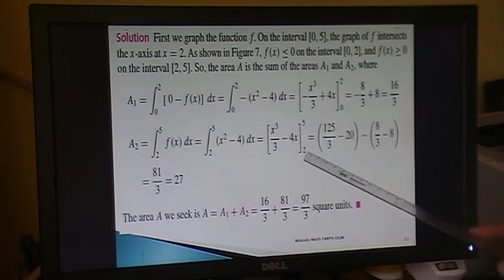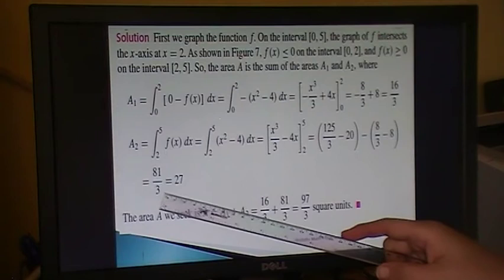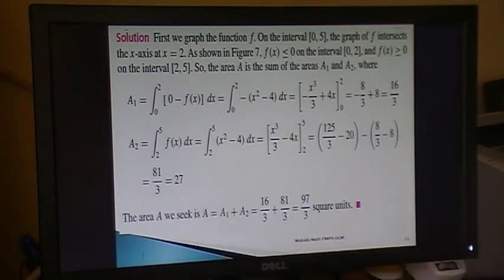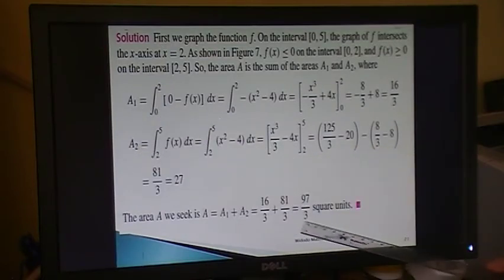If we substitute, we have 125 divided by 3 minus 20 minus 8 divided by 3 plus 8. It is equal to 81 divided by 3, which is 27. So altogether the area is A1 plus A2, equal to 97 divided by 3. This is the second example.